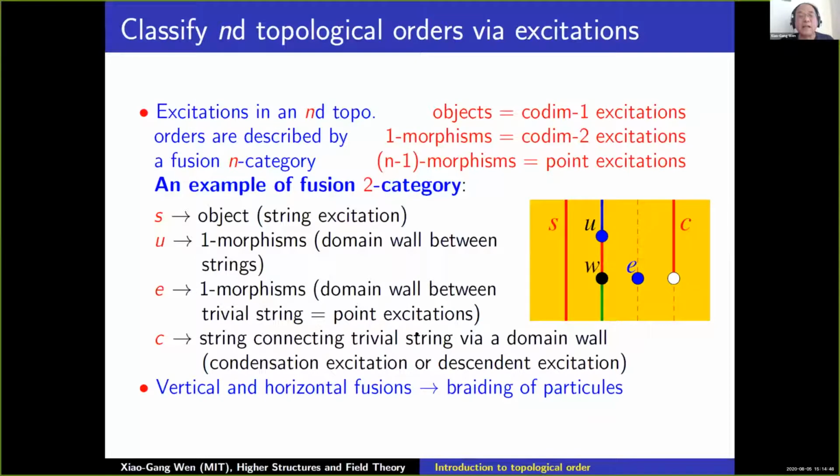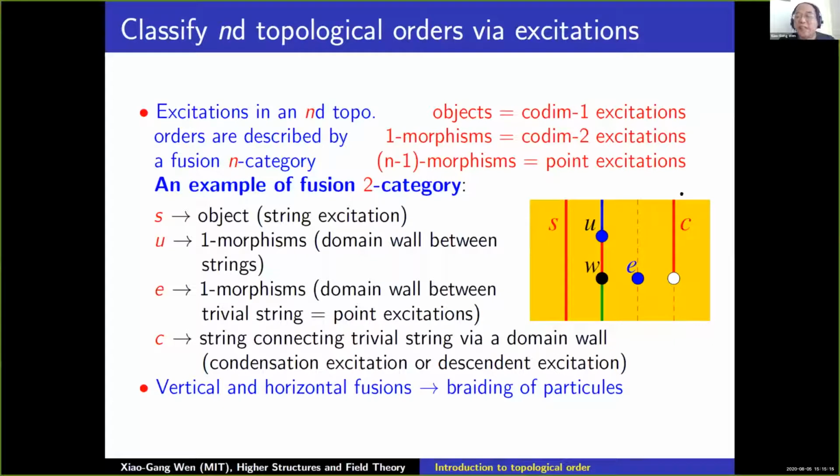However, there is also a string excitation which is connected to the trivial string. Actually, this is called a condensation excitation or descendant excitation. They are kind of trivial, and I will not spend time on that.